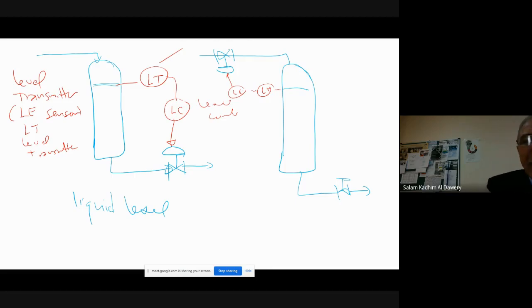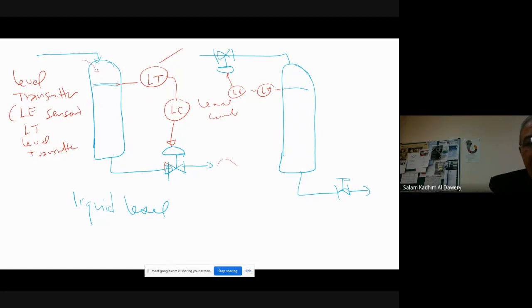But here, when we control the valve in the output, we need a different action. So here, when the flow rate comes in, the level will rise, the flow will go slowly up, and that will be reduced back.